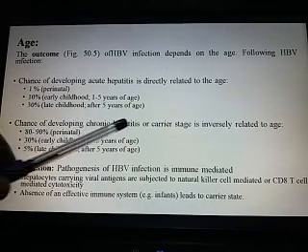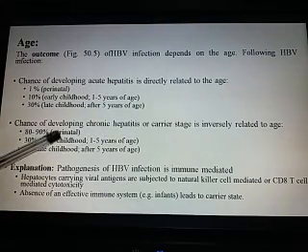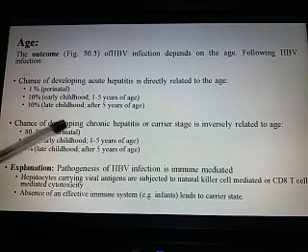The chance of developing chronic hepatitis is inversely related to age: 80 to 90% in the prenatal age. You can see the data here, because chronic infection occurs at the later stage, and after that the mother's antibodies are not available in such amounts that can protect. 30% in early childhood and 5% in late childhood.